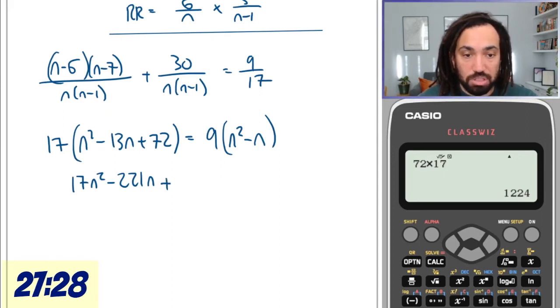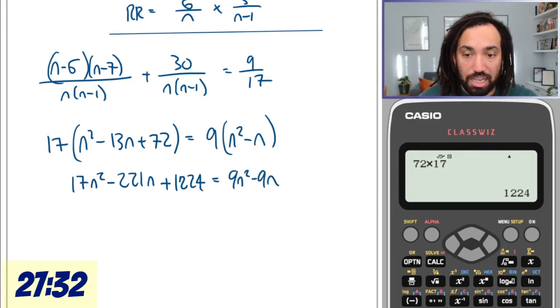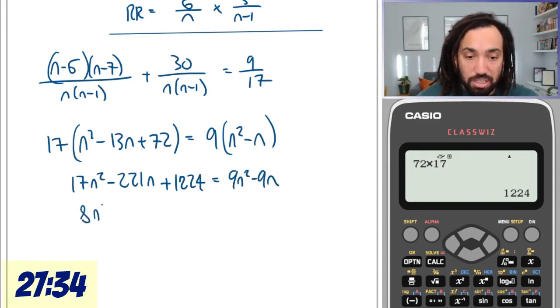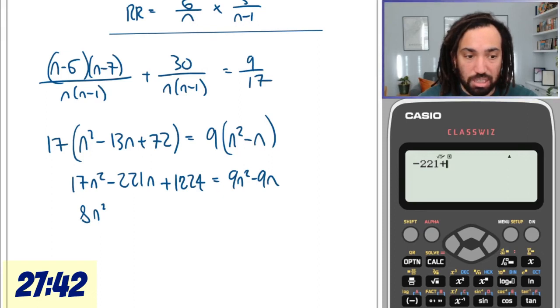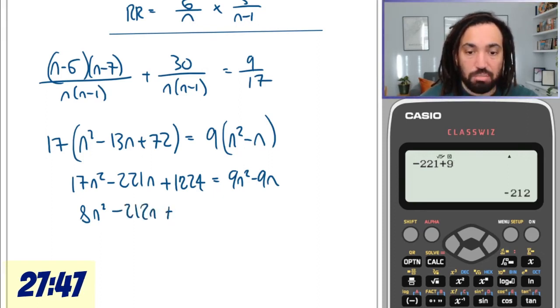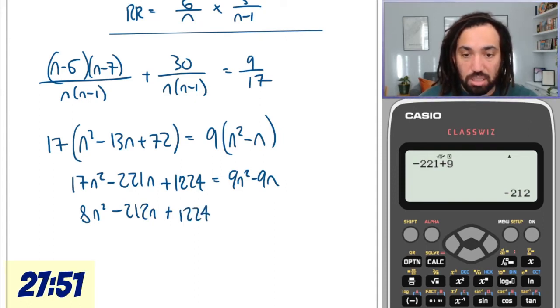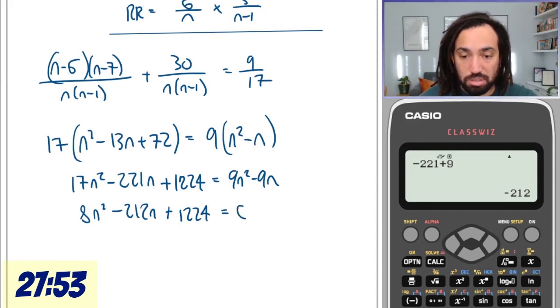So that's going to be positive 1224, and that's equal to 9n squared minus 9n. So take away the 9n squared and add on 9n. Oh, I don't want to get this wrong now. Add on 9n gives us this, plus this, and that's equal to 0.